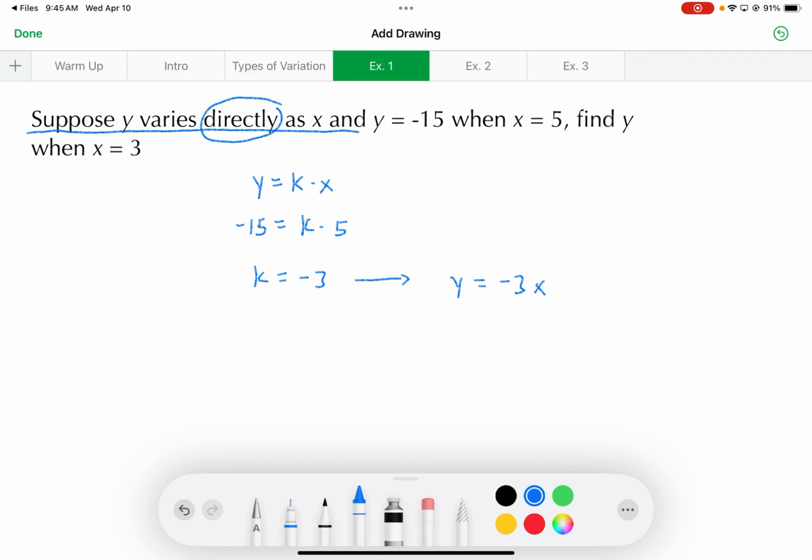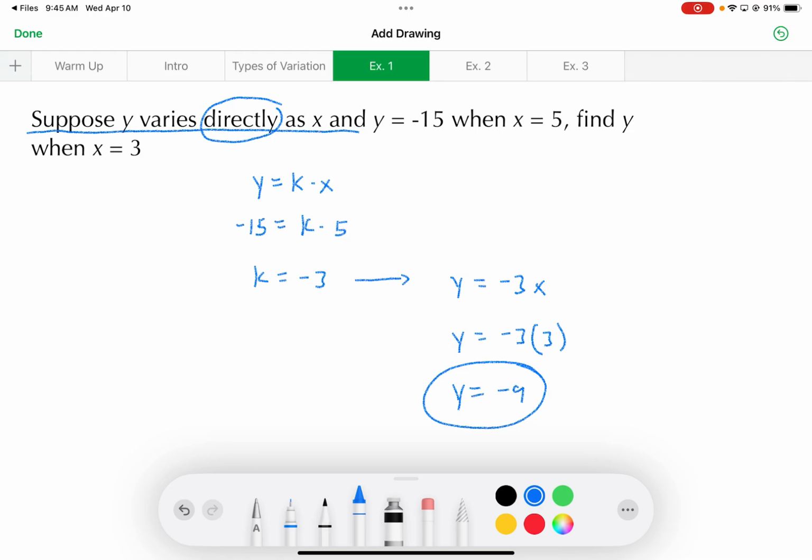And I can now use that to figure out y when x is 3. So I substitute a 3 in. Y ends up being negative 9. Questions there?